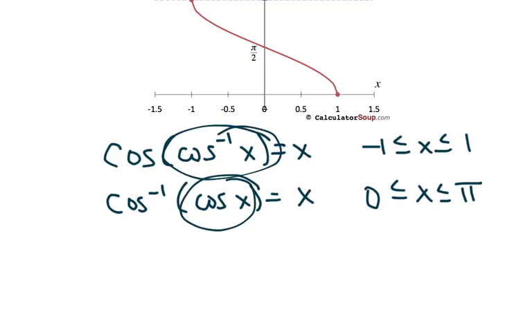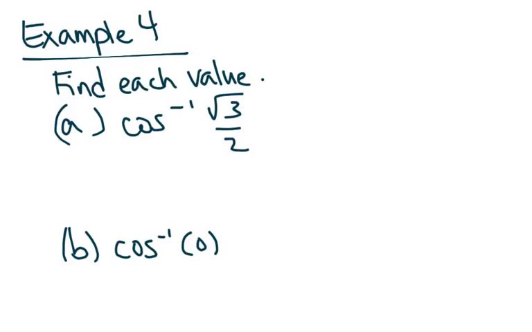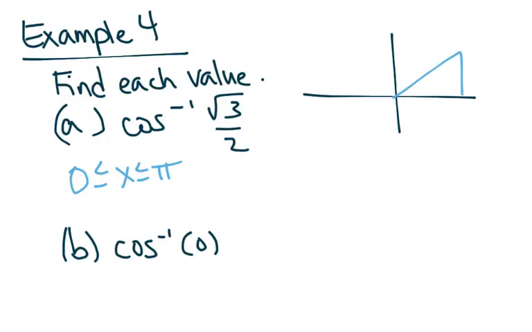Think about order of operations. You would evaluate what's inside the parentheses first. So when we find an inverse cosine, remember that we said we're working with values between 0 and pi. What quadrants are those? Those are quadrants 1 and 2. Now remember that cosine is positive in quadrant 1 and it's negative in quadrant 2.